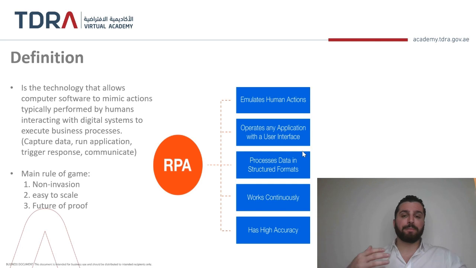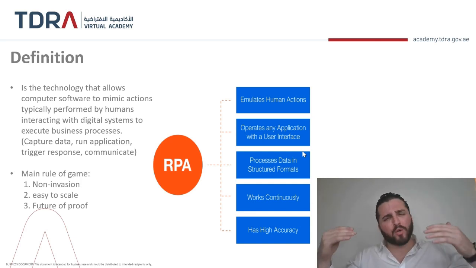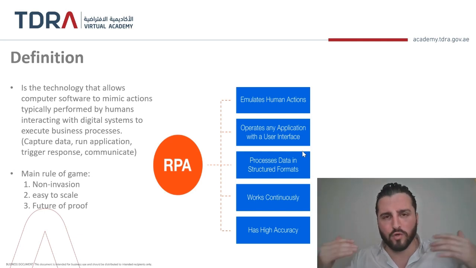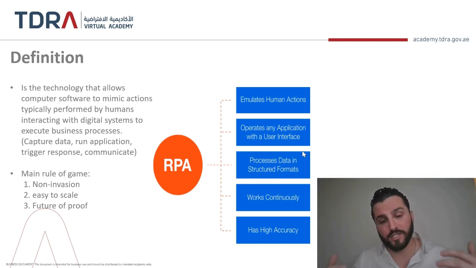So RPA will emulate the actions, operate applications and process data. And the most important factor of RPA is that it works 24/7. So your services as a government or as an organization will be available for your clients 24/7.